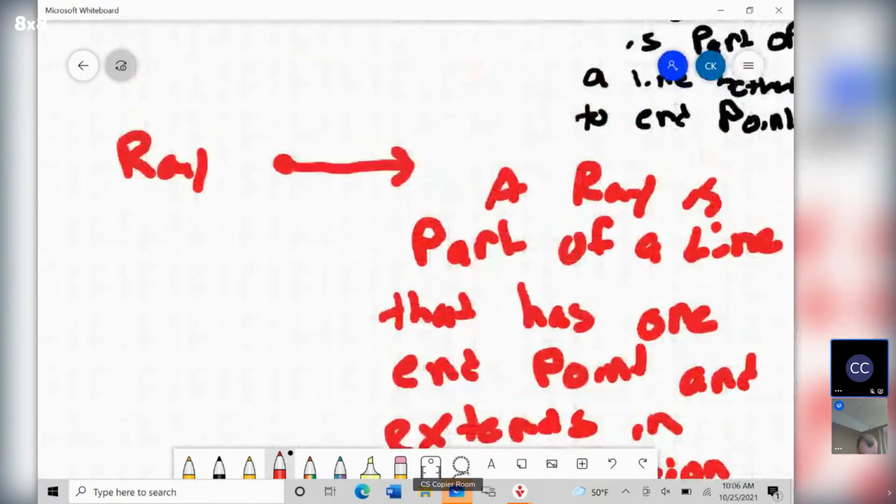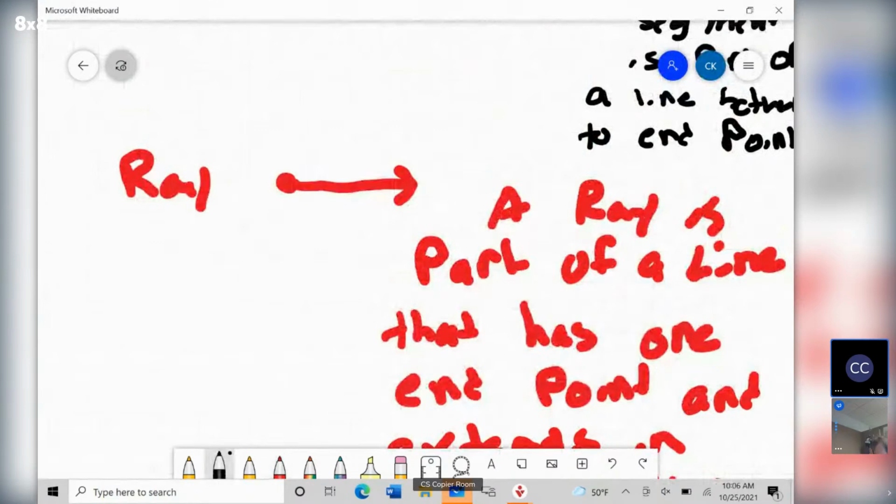Okay, so you can see right here, it has a specific endpoint because it's got a dot there. But then on the other side, it's got this arrow, which means it goes on basically without ending. In this case, it would keep going that way because the arrow is pointing that way.